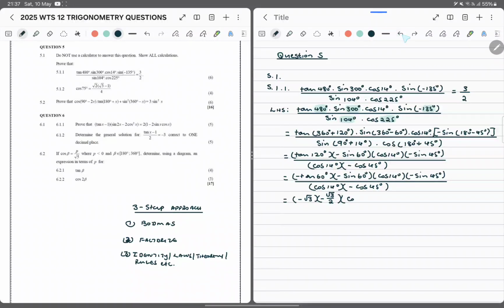In fact, this one doesn't even need to come through because this and that divide to 1 and literally become invisible. So sine 60, this is minus, no, this is minus sine 45. This is 1 over square root 2. Okay, all divided by, here again we're going to have minus 1 over square root 2.